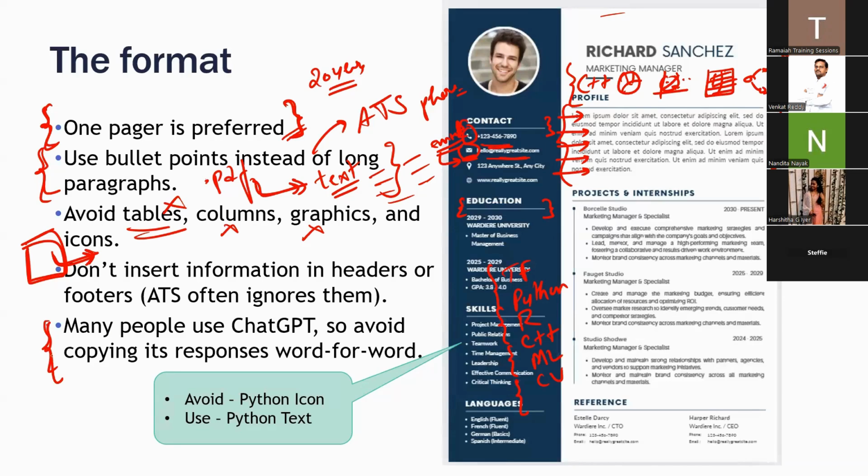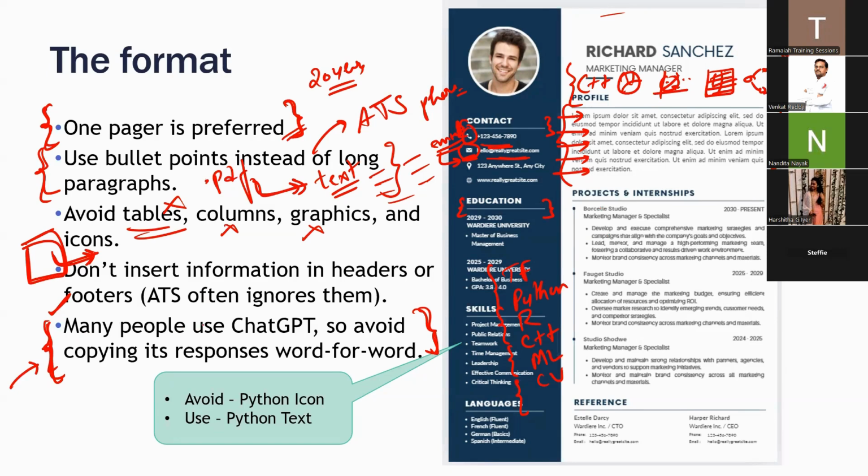So you try to avoid direct copy pasting from ChatGPT. You take help, but the final version should be handwritten by you. You can take help of any other large language model, anything, but make sure that you are the person who is creating your final CV. You are the real owner who's owning this.